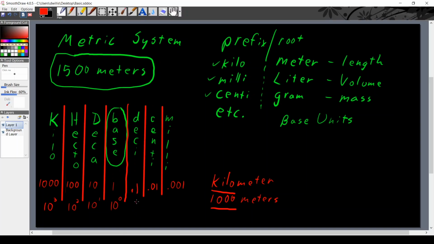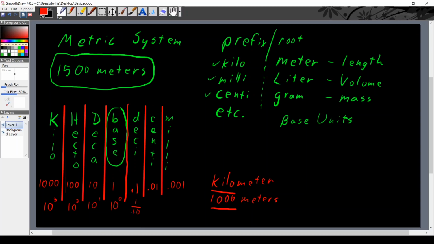If I had 1 over 10, that would actually be the same as expressing that as 10 to the -1 power. Remember, because 10 to the first power, if I want to move it to the other side of the fraction, we just change the sign on the exponent. And so that would be the same as 10 to the -1st.